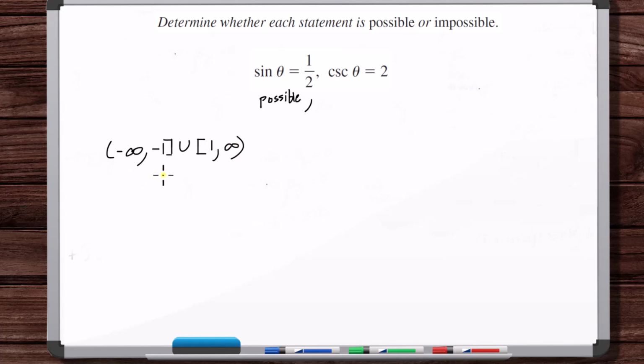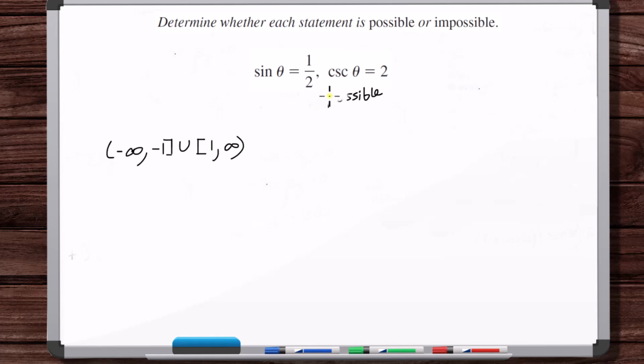And as far as the specifics on why this is the case, go check out the lecture video. We talk about this in detail. But 2 is within this range, right? So this is also possible. Okay, and I think actually what they're saying is that we need to look at this statement as a whole.